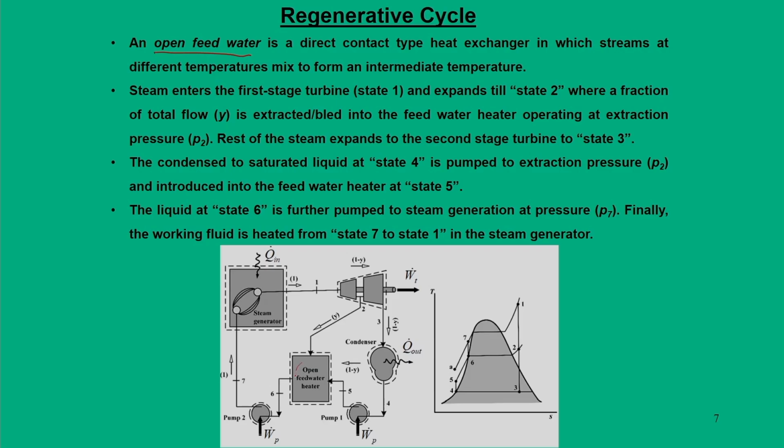So, this mixing is done in this open feed water unit, and obviously when there is mixing, you can see that the y unit of steam which is at state 2 and is at a different pressure, and 1 minus y unit of liquid water at the exit of the pump, which is also at a different pressure and temperature, when they are mixing, the combined system has a thermodynamic state at 6, where the pressure and temperature are not the same as at which they enter.